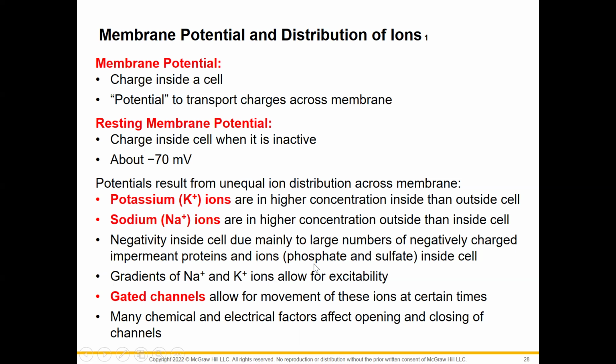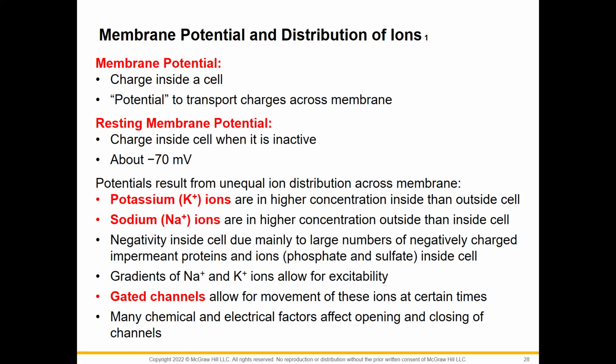So phosphate ion, sulfate ion, these are going to create the salts: potassium sulfate, potassium phosphate, sodium sulfate, sodium phosphate. These are going to create those salts that are going to be inside the cell. The gradients of potassium and sodium are what allow the excitability.